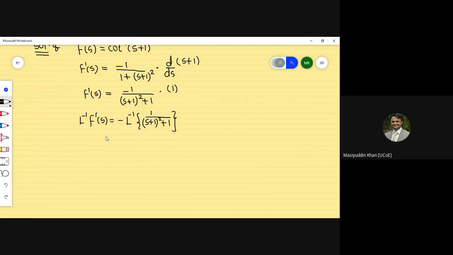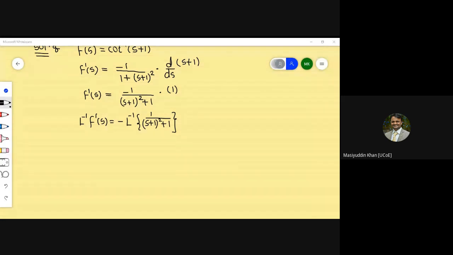Now we have to calculate the Laplace inverse of this function. Can anyone from the student side please tell what will be the Laplace inverse of this respective function, 1 upon s plus 1 the whole square plus 1?